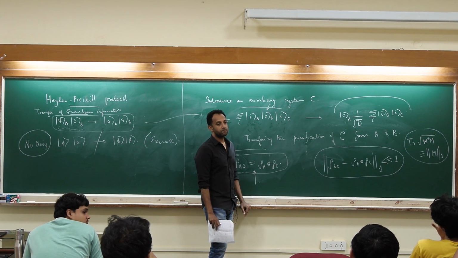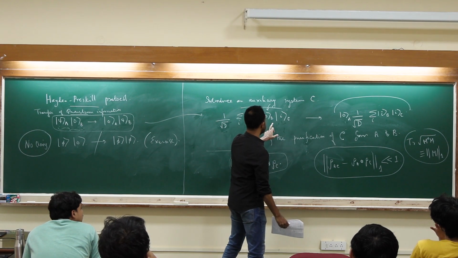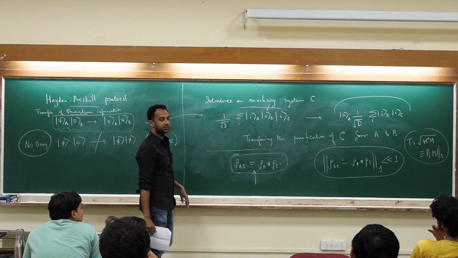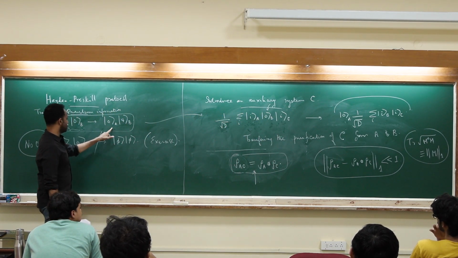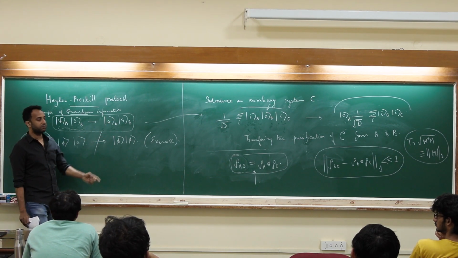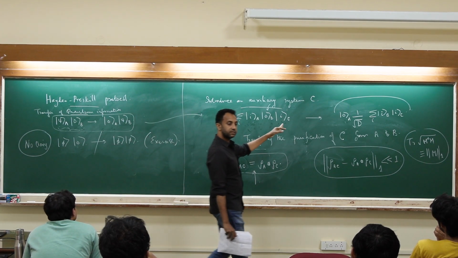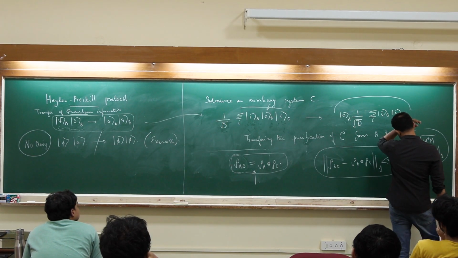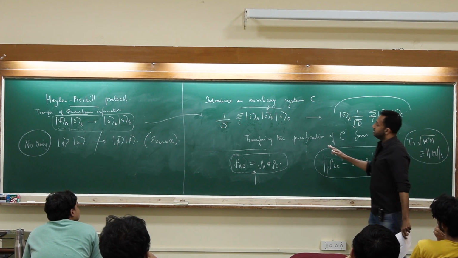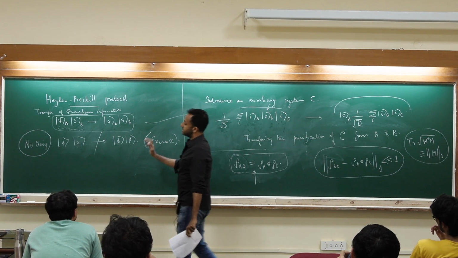What is this arrow? This is basically a unitary acting on A and B, and C is just sitting here. This arrow basically means some unitary.